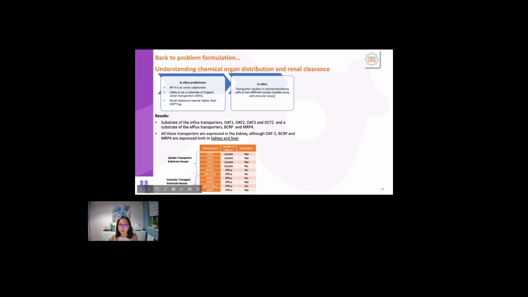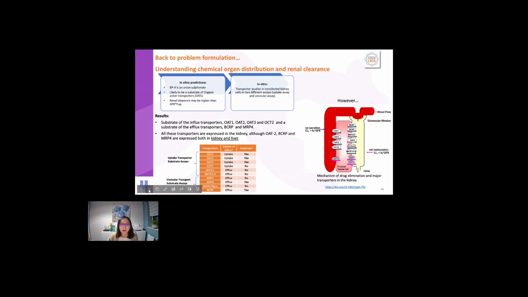So we decided to generate some in vitro data using transporter assays. Those assays use transfected kidney cell lines, and we looked into 10 transporters in total, as listed here. The results showed BP4 was definitely a substrate of transporters like OAT1, 2, and 3, as well as the efflux transporters BCRP and MRP4.